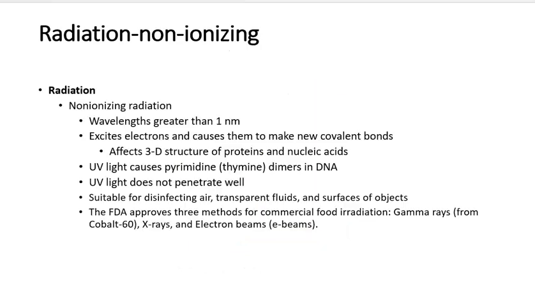Now, one of the things we do use a lot is non-ionizing radiation. We use this in a lab. You'll see an experiment done on this. Basically, ionizing radiation is shorter than 1 nanometer, and the non-ionizing is greater than 1 nanometer.